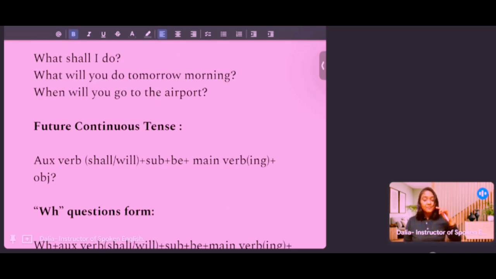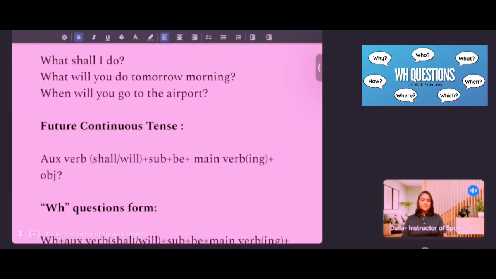That means the action we are imagining will start in the future and will continue for a long time. We don't know when it will finish, so it's a continuous process. Anyway, it's really not necessary to think about what future continuous tense is here, because basically you are going to focus on the WH question structure. Okay, all right.